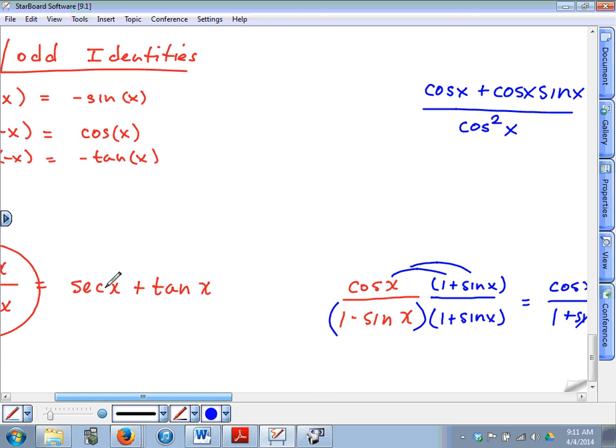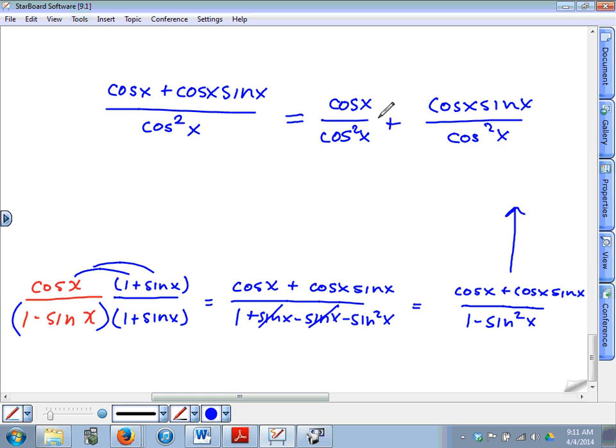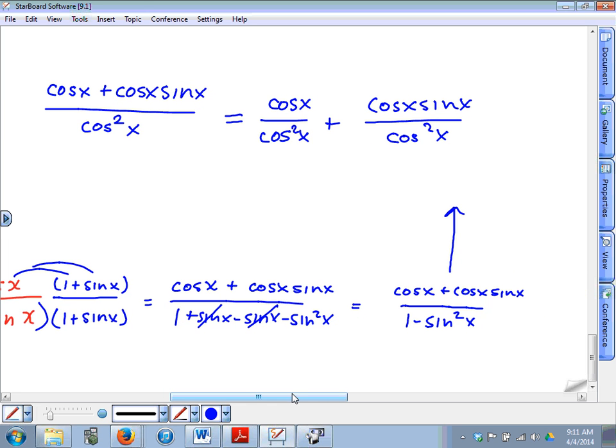Take a look at the direction we need to head. This is two separate terms, right? So we probably ought to have two separate terms here, and then simplify. Go ahead. The second one, you can cancel the cosine with the other cosine. We're basically there, you guys. This cosine cancels with one of these cosines, so this equals 1 over the cosine of x.